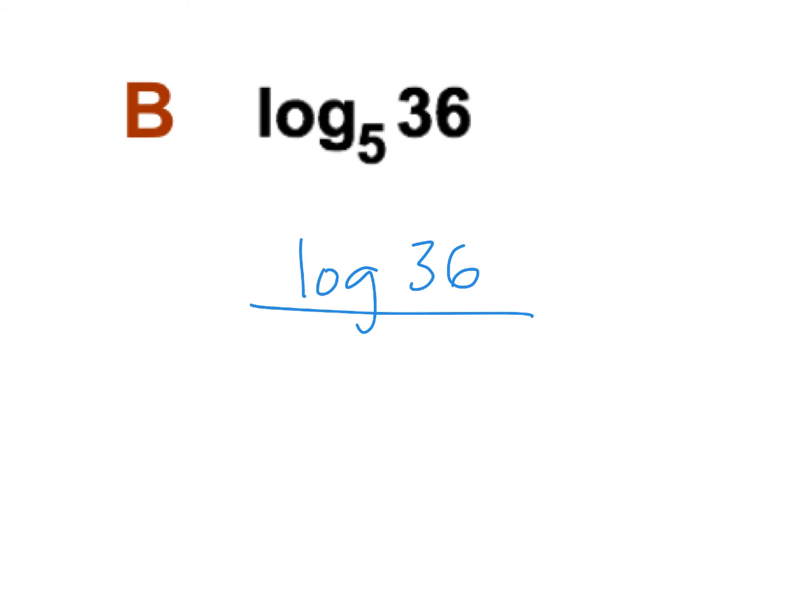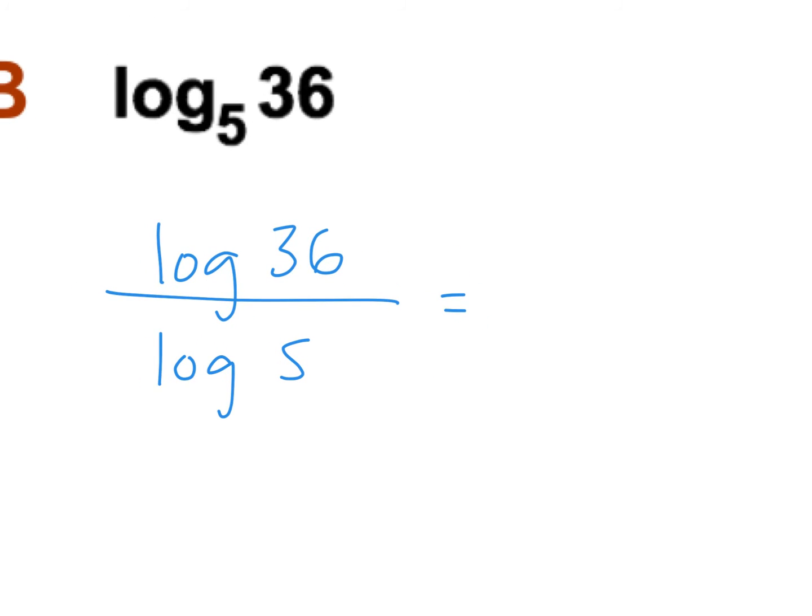All right, let's look at B. So what goes on the top? Log 36. And what goes on the bottom? Log 5. And then we just put log 36 in our calculator. So we get 1.5563.